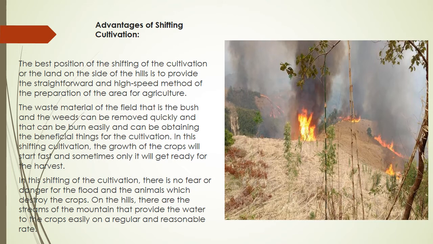In shifting cultivation, the growth of crops starts fast and the crop soon gets ready for harvest. In this type of agriculture, there is no danger of floods or of animals coming and destroying the crops.